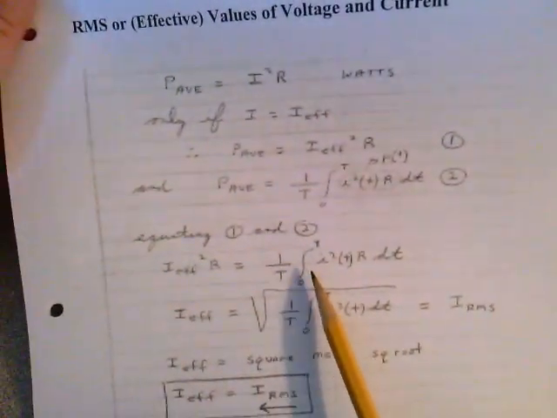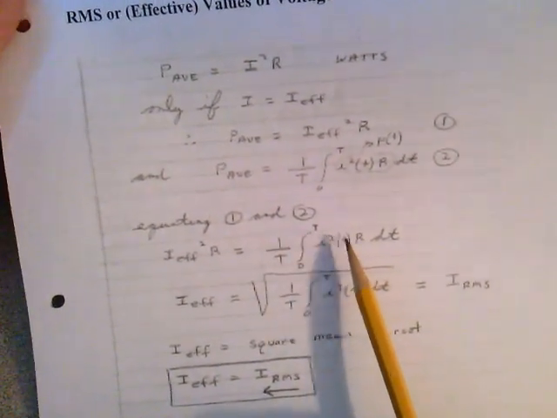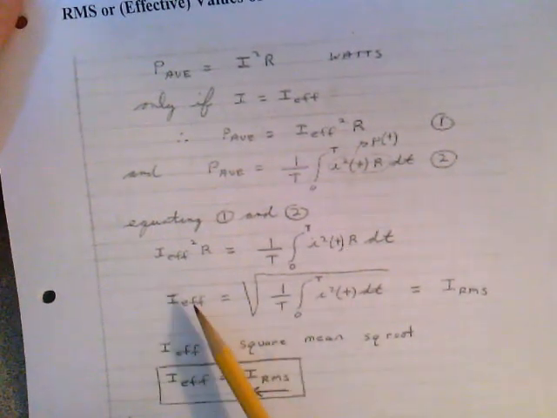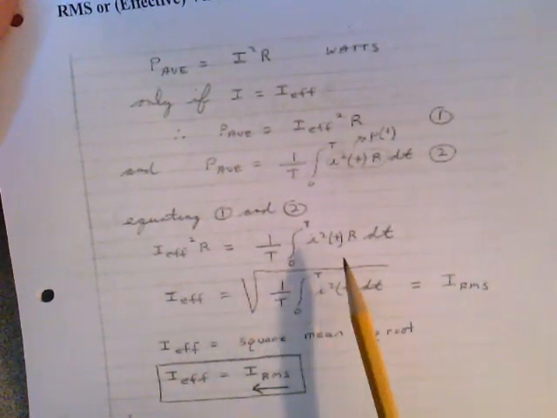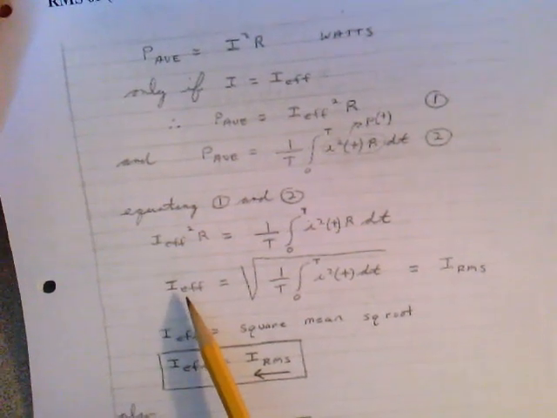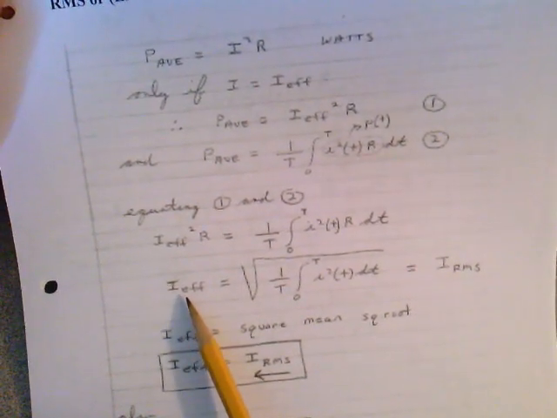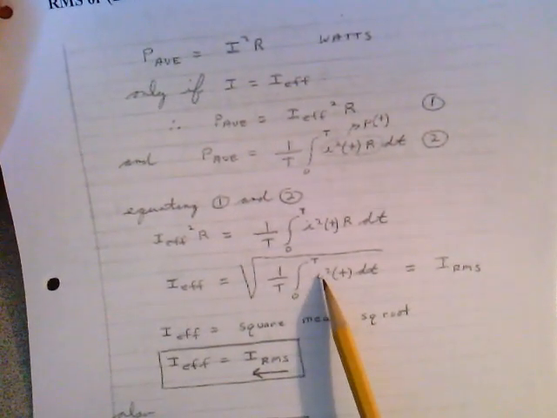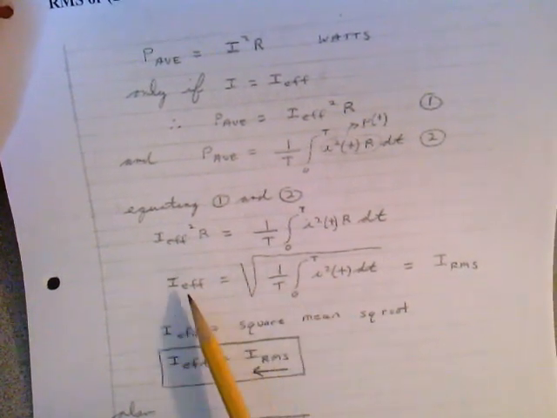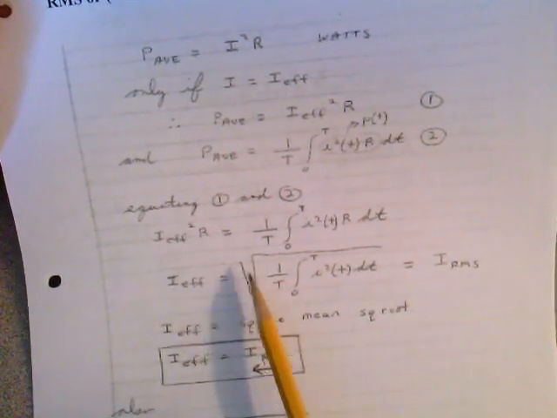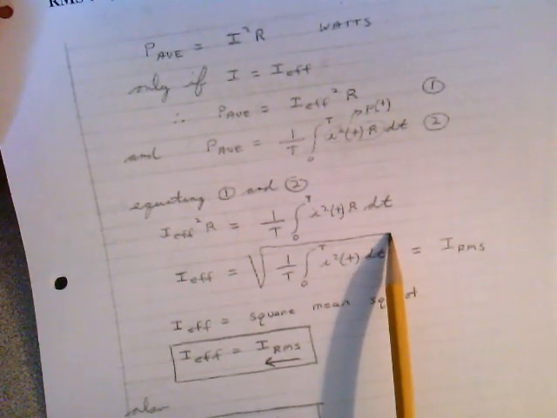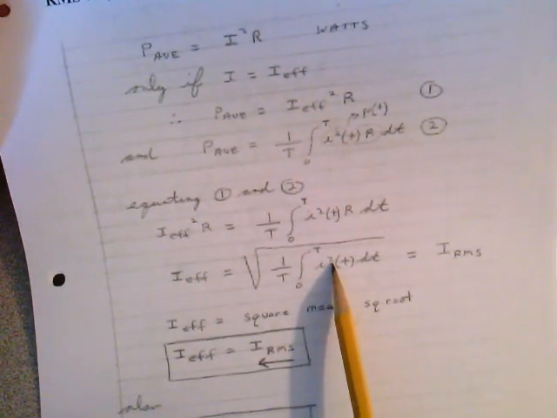Well, if I equate those two equations, and they do this in the textbook, I take the square root of both sides, divide by R, and the R cancels. Let's take a look at what we have. The relationship between any instantaneous value of voltage or current, we just did current here, don't forget: the effective value, the RMS value, is equal to the square root of the average of that function squared.